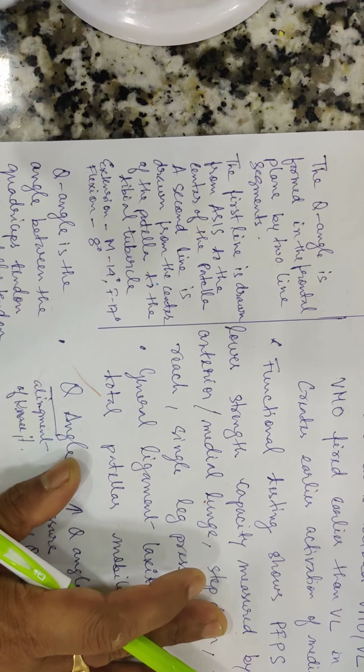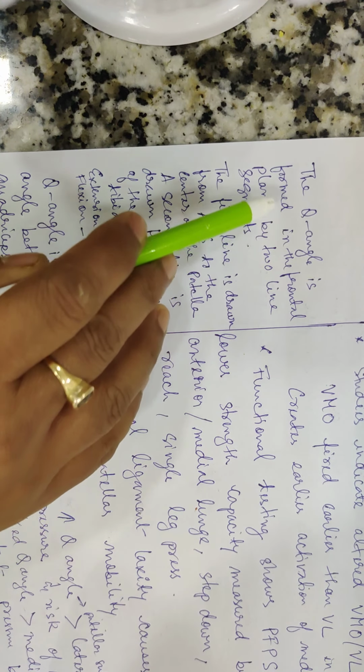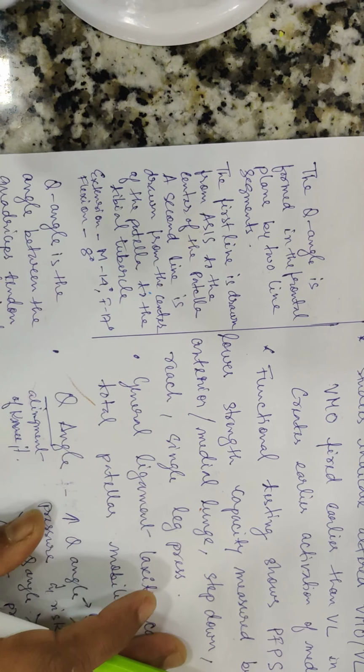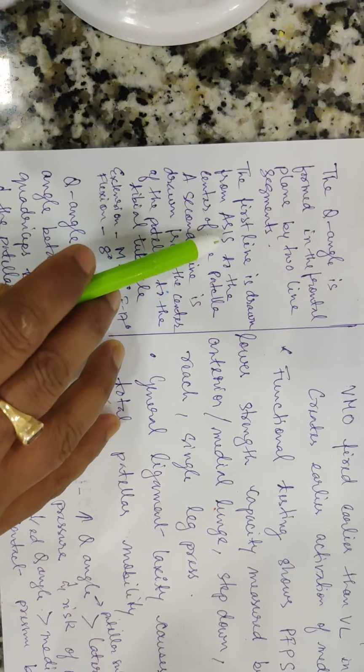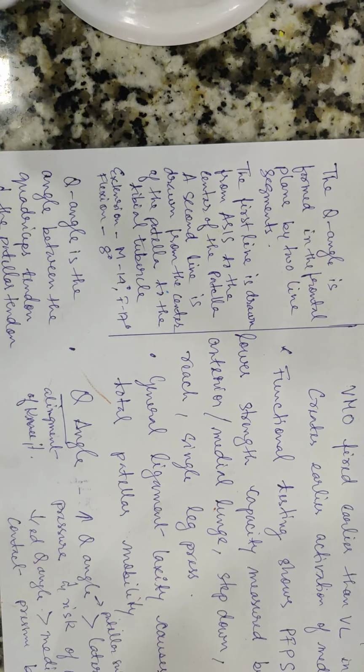Now how do we measure this? Quickly we brush up our basics. The Q angle is formed in the frontal plane by 2 line segments. The first line is drawn from the anterior superior iliac spine, ASIS, to the center of the patella.